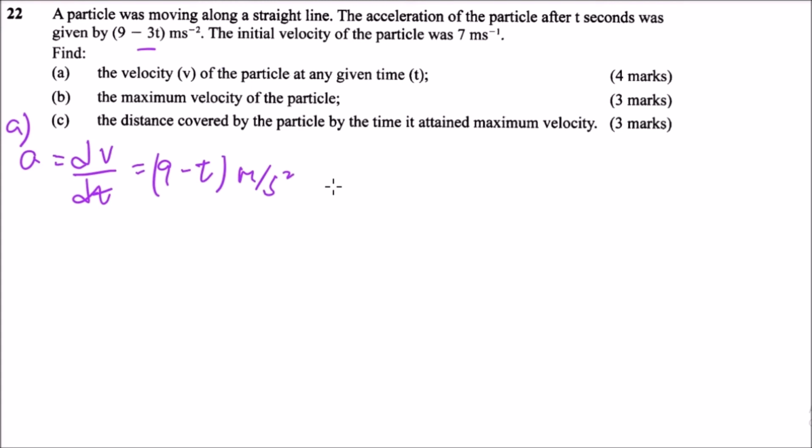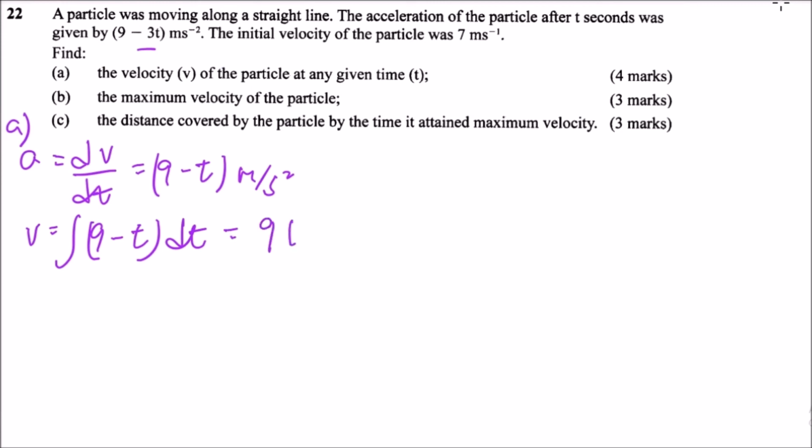So this means that we can obtain v by integrating the acceleration. We integrate 9 minus t with respect to dt. This is because when you differentiate velocity against time, the change in velocity with time, you get acceleration, and you'll be able to get velocity back when you integrate.